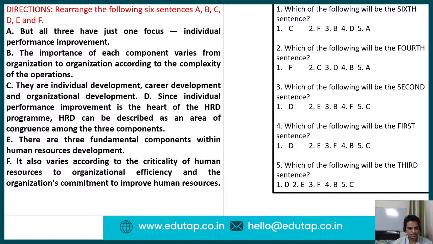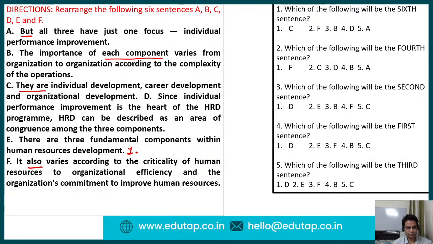First sentence. Yes, guys. Again, do you want me to solve it for you? But each component, there are three fundamental within it. It also varies. First sentence should be sentence number E. There are three fundamental components within human resources development.